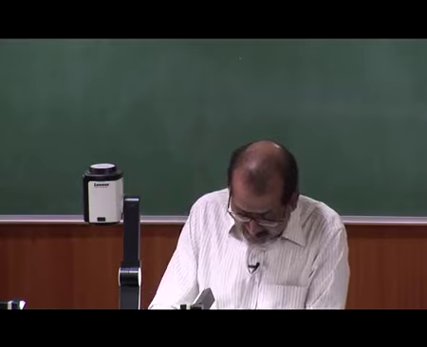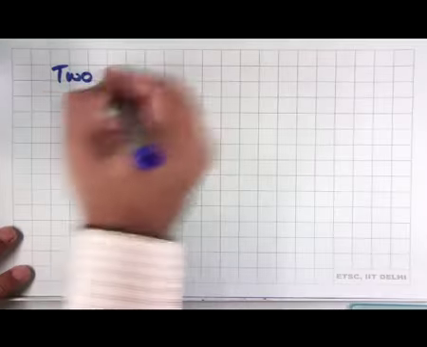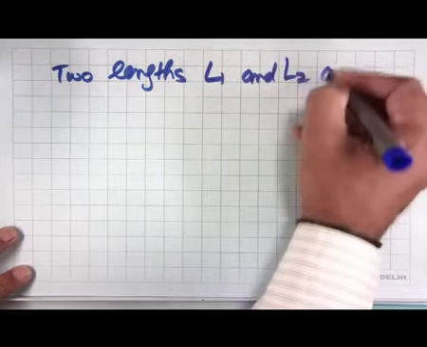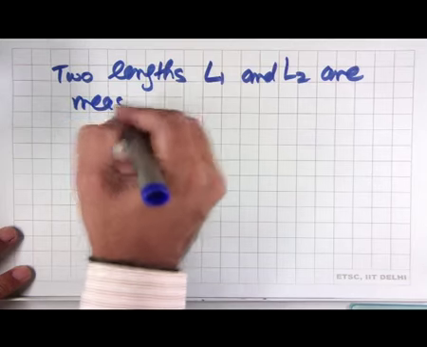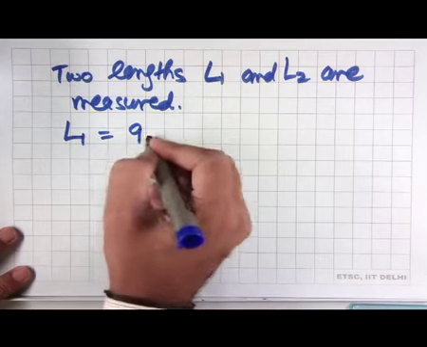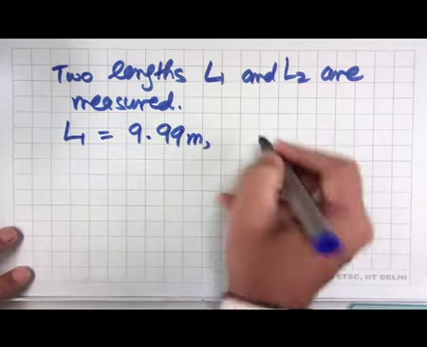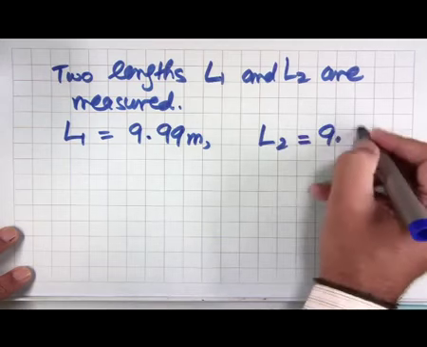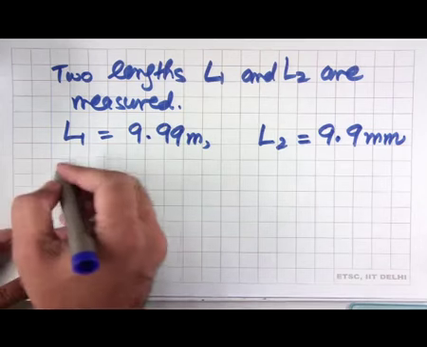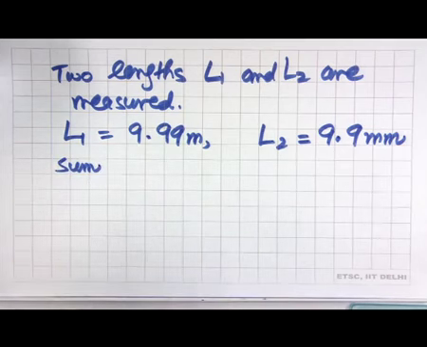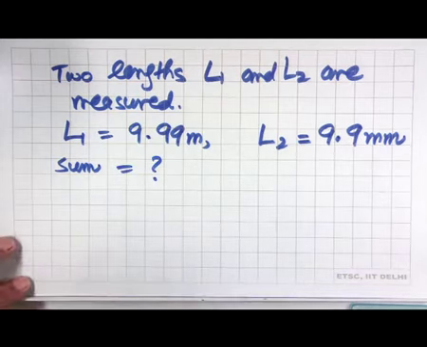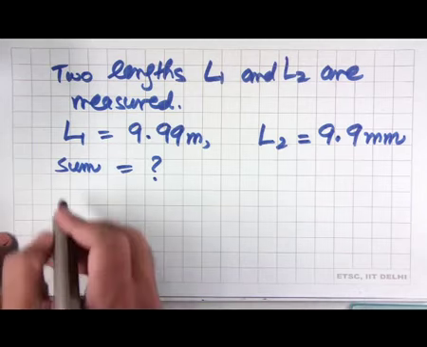Let us say that two lengths L1 and L2 are measured, and they are given as L1 is equal to 9.99 meters and L2 is equal to 9.99 mm, and we have to find the sum up to correct significant digits. So, the sum has to be found out. Once again we have to be careful, we convert both to the same units.